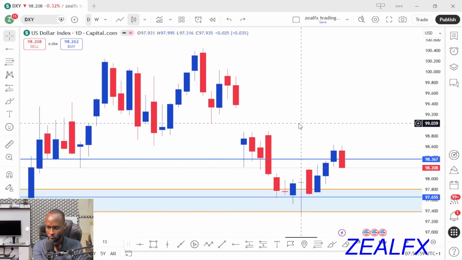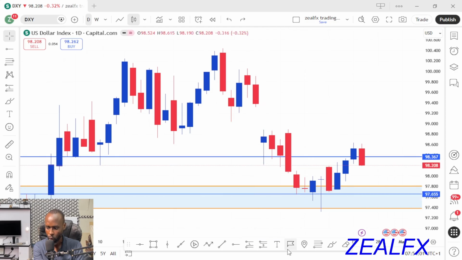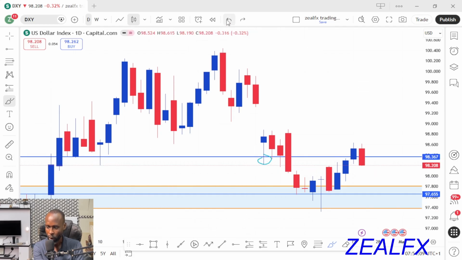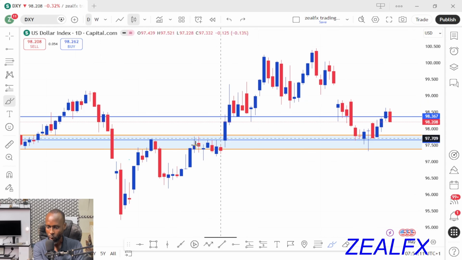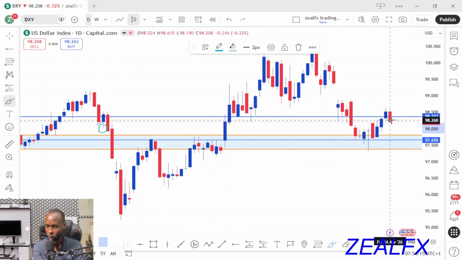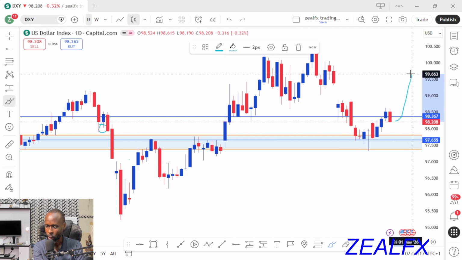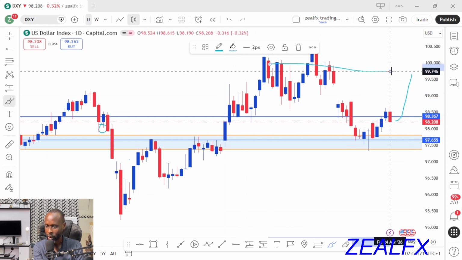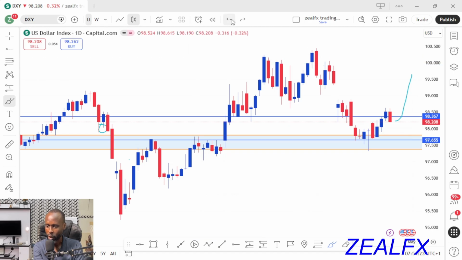Then you can currently see that price also failed to close below this particular support level. So long as price failed to close below this particular support level, and price also failed to close below this particular support level, this might trigger a bullish momentum for the DXY back to this next resistance level for this week.